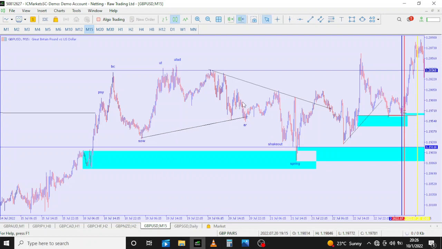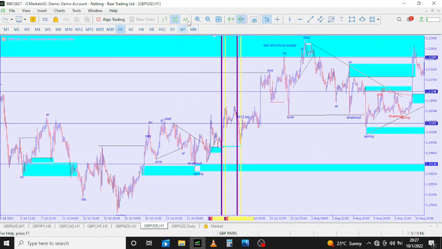They were buying around this area. And the price started to introduce these shakeouts. It manipulated all the liquidity below and tapped to this demand zone.